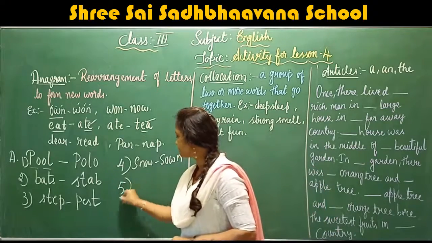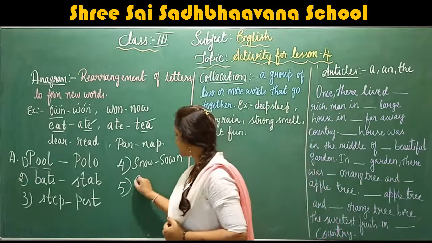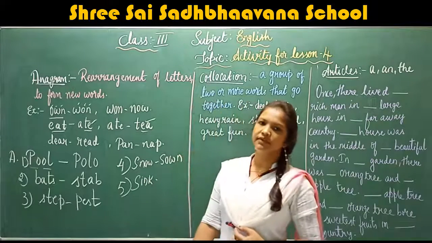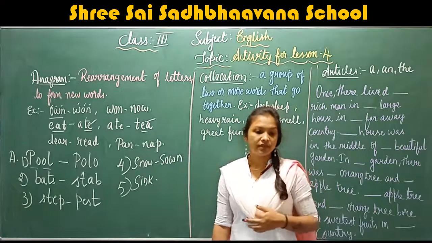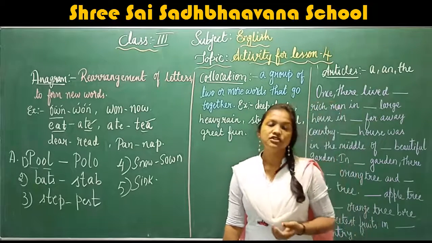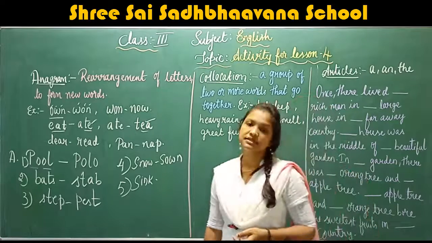The last one. Which is the fifth word? That is sink, S-I-N-K. Sink is the word they have given. And what are the options they have given? Options are S-C-A-N, scan, K-I-N-G, king, I-N-K, ink, and S-K-I-N, skin.